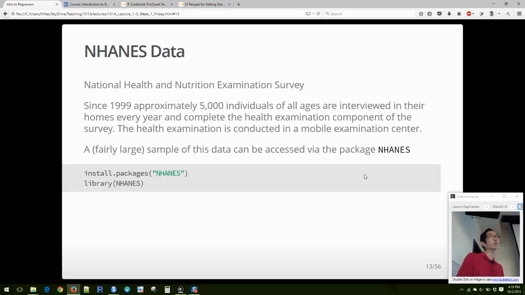So the real data set is gigantic. But you can get a sample of this data set with the package NHANES in R, so you don't even have to bother with downloading stuff. Well, you're going to have to download the package NHANES, but it's all built into R itself. Makes it nice and easy.